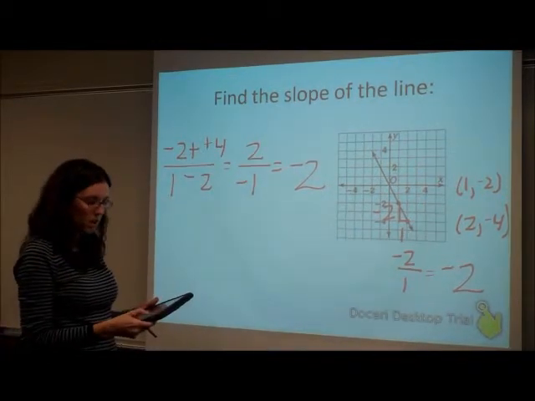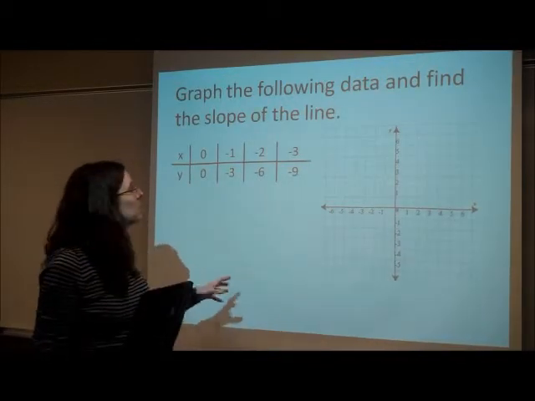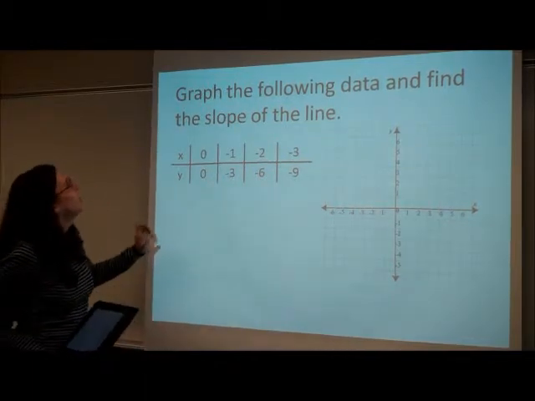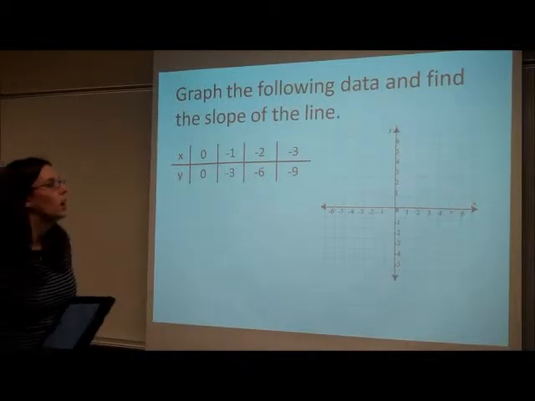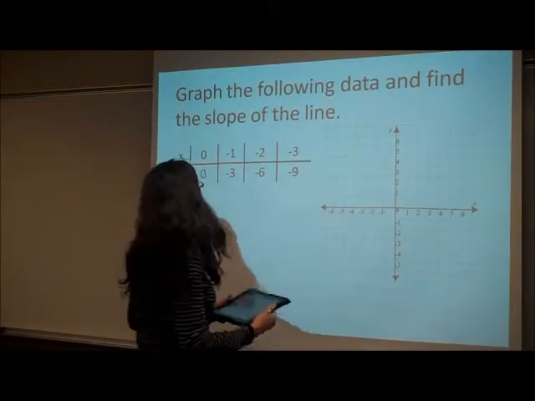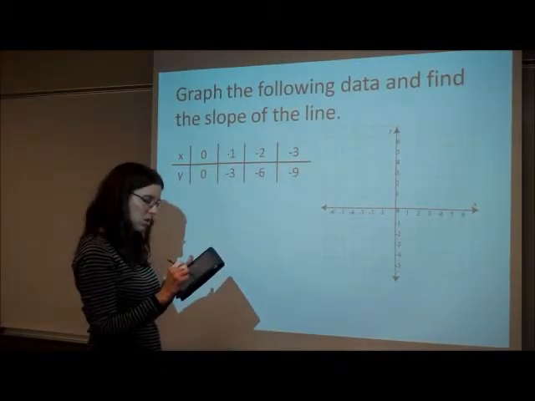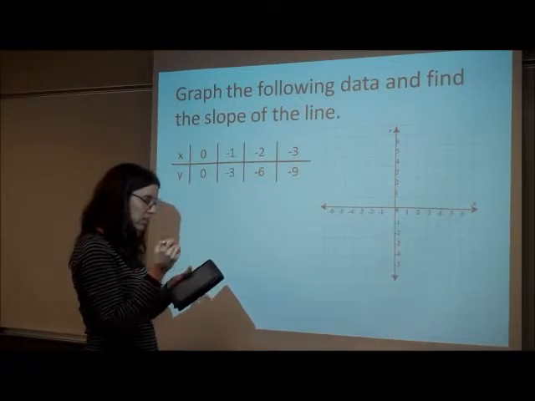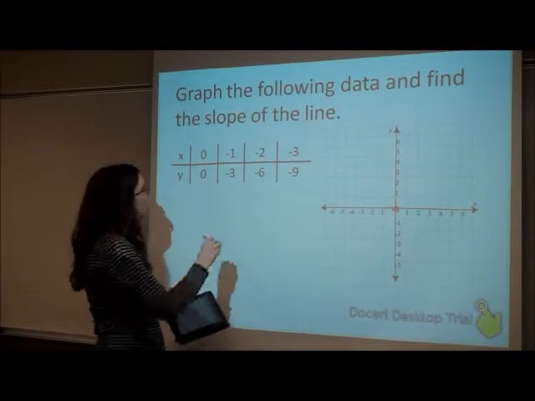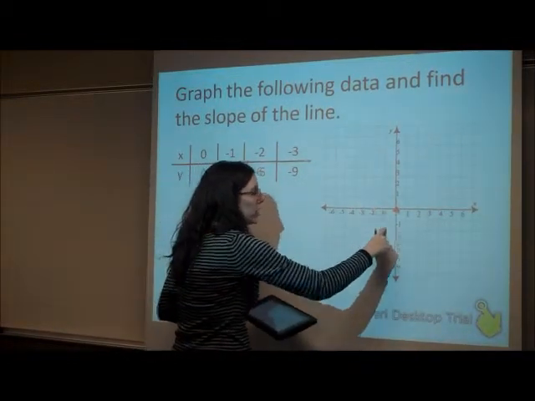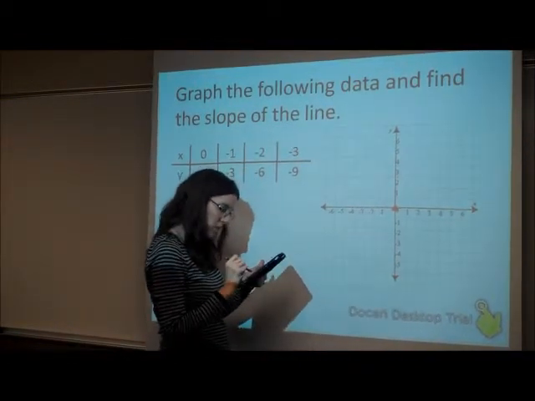Okay? So now let's try basically the same thing, only in a little different form. It says graph the following data and find the slope of the line. Alright, so first thing, we have to graph this. So 0, 0 would be here at the origin. -1, -3 would be here.